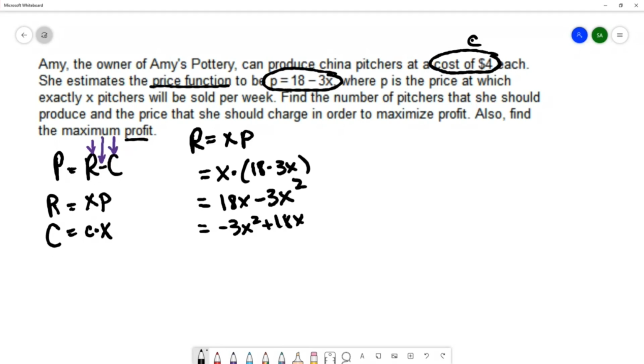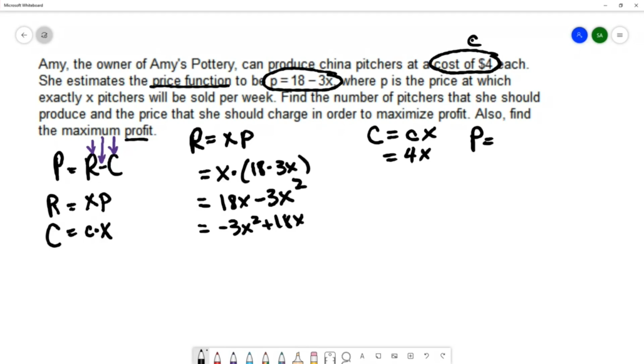So then I need the cost function. And the cost function will be that lowercase c times x. It costs $4 to produce, times how many we produce, so we get 4x. And now that we have both the revenue and the cost function, we can find profit.